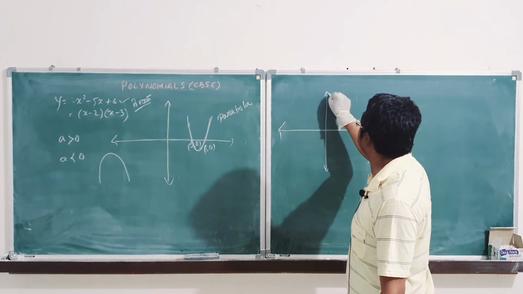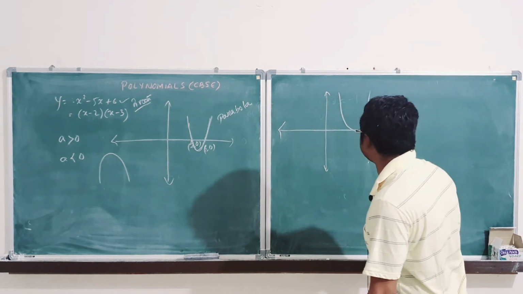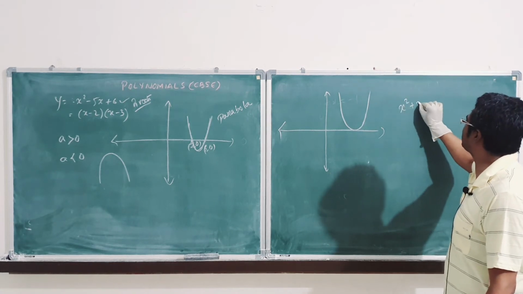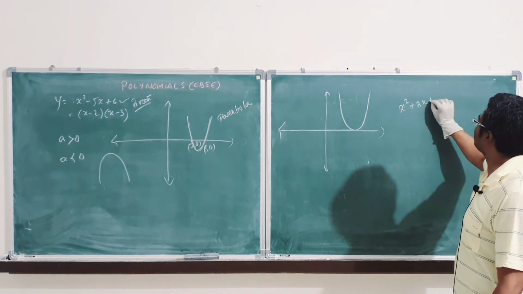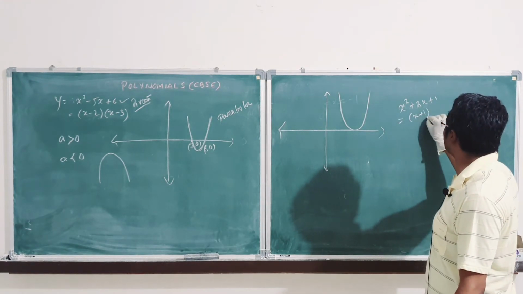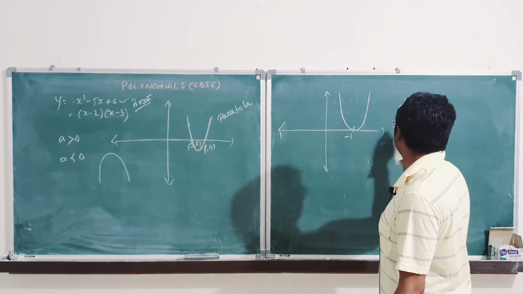When? Let's see. If this parabola happens to just touch and go like this, it is possible if the polynomial is a perfect square, x square plus 2x plus 1. So this will be basically x plus 1 whole square. So this will be minus 1 zero, sorry, this will be minus 1.